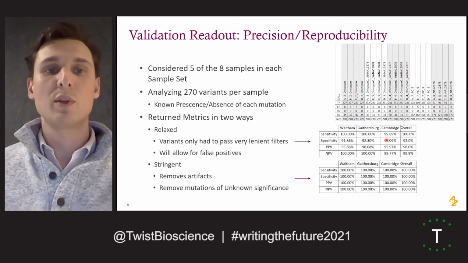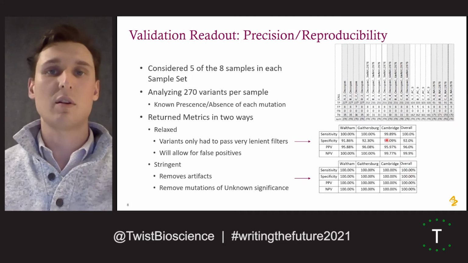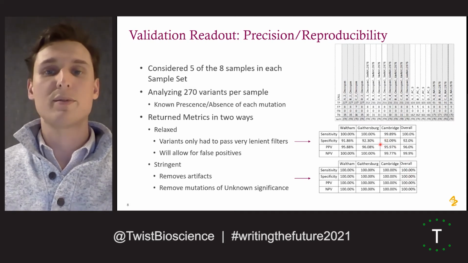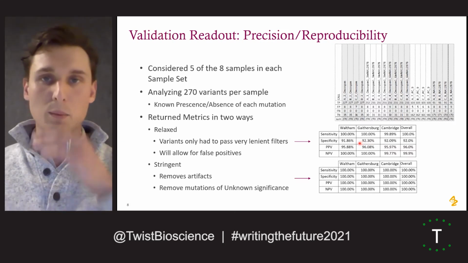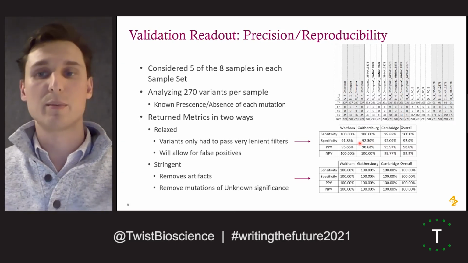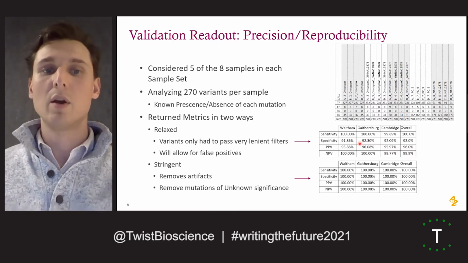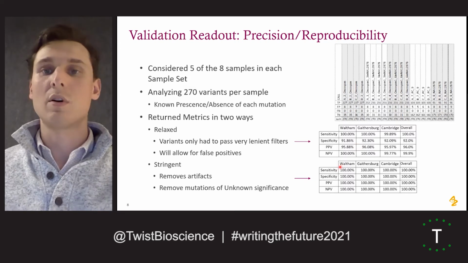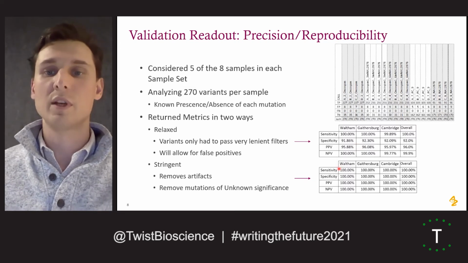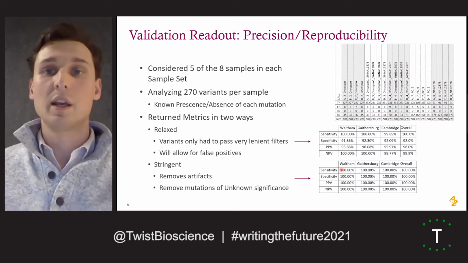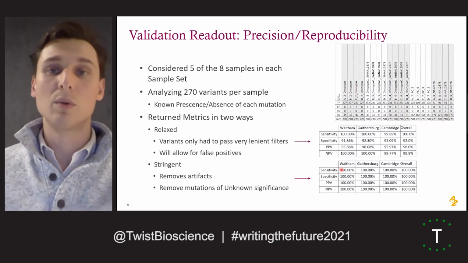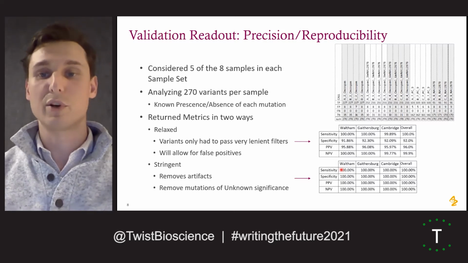So you can see with the relaxed filters, because we had false positives coming through, our specificity was not 100%, but it was still quite good. When we apply the stringent filters, all false positives and artifacts are removed. We had 100% sensitivity, specificity, PPV, and NPV down to 1% variant allele frequency.